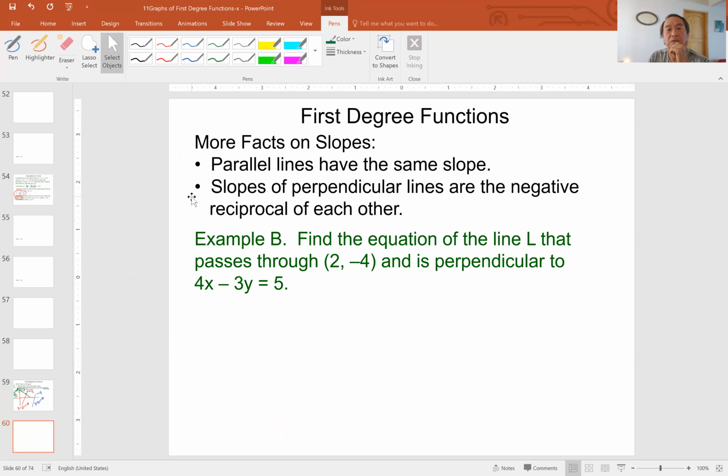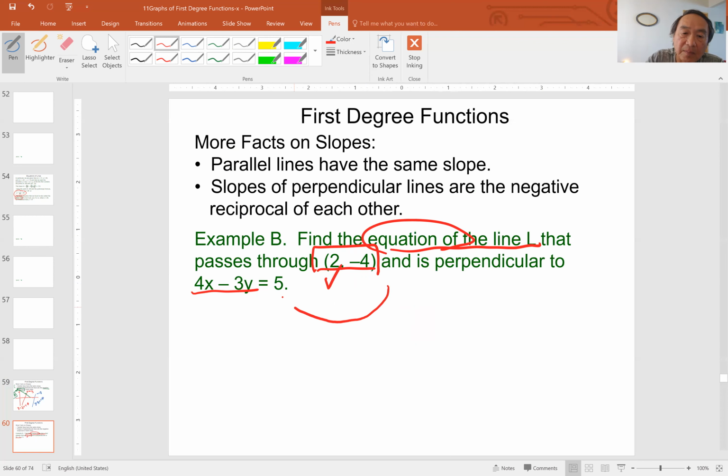So here's an example. Here I have a point, and a line goes through that point, and that line is perpendicular to another line, which is given. So I have the equation of a line. Remember, what do we need to get the equation? I need a slope and a point, and I have a point. I don't have the slope, but I can infer the slope from the line it's perpendicular to.